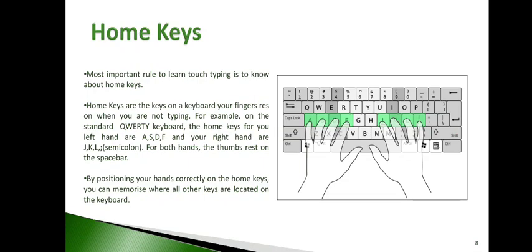So everything we will be learning in the touch typing software. We are not going to start this software today. We will start it in our next class, because if we start it today, it is a very lengthy process to learn that software. So we will learn it in the next class.